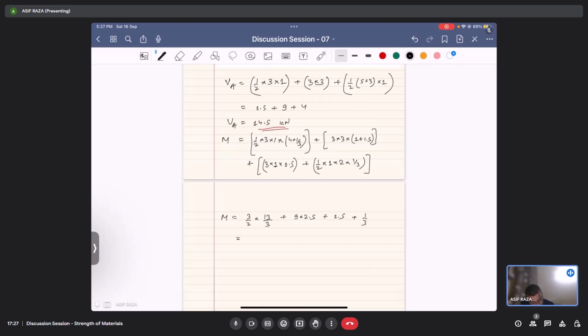This is 13 by 2, this would be 6.5. 9 into 2.5 is 22.5. 1.5 plus 0.33. This would be equal to, let's calculate it, 6.5 plus 1.5 plus 22.5, that is 30.83, moment at A.